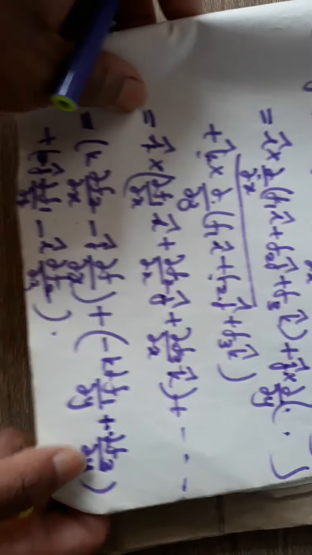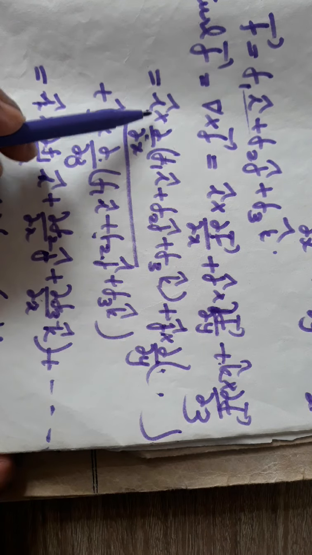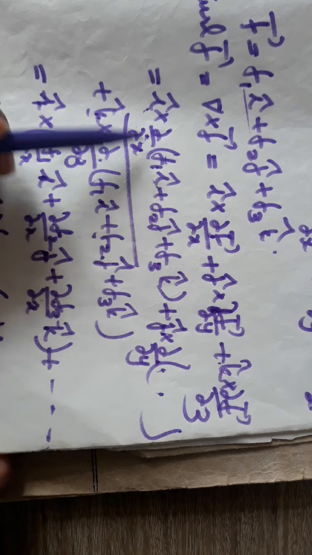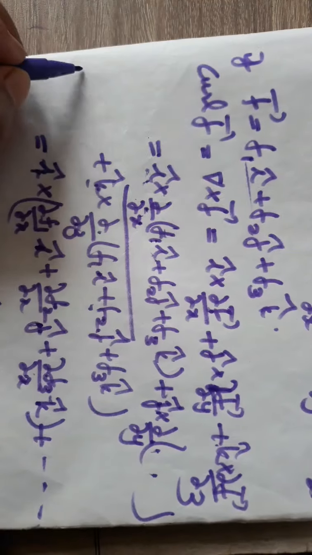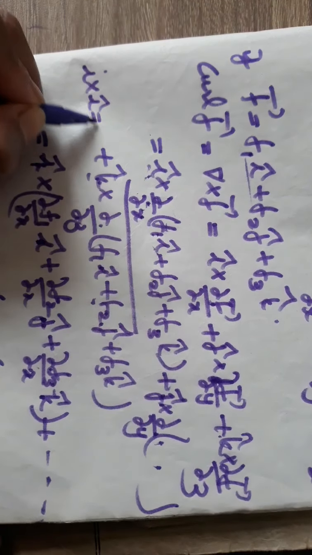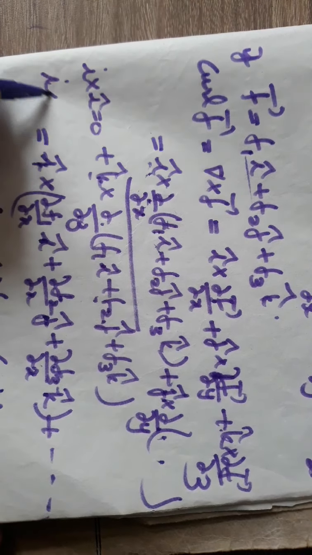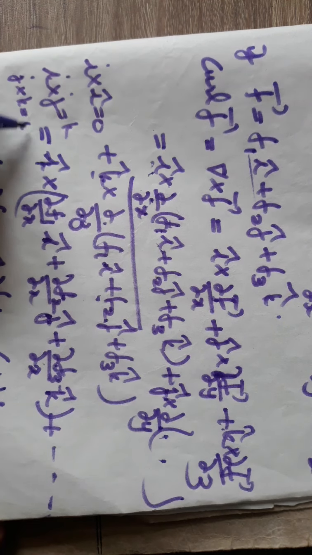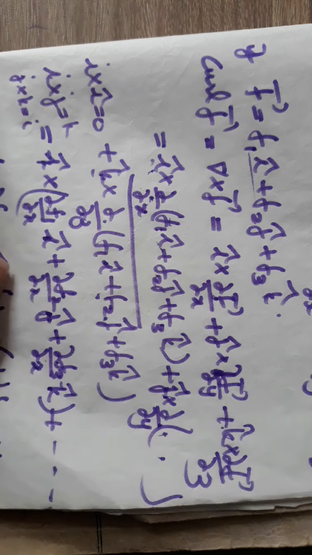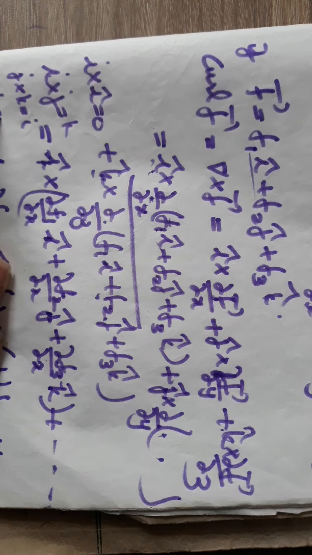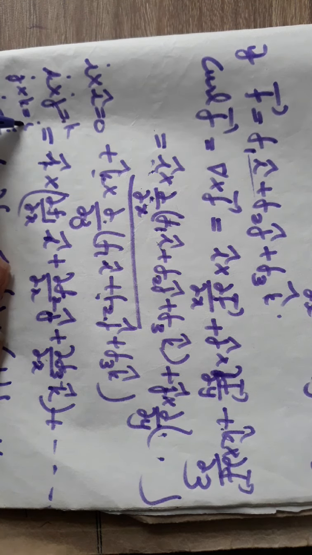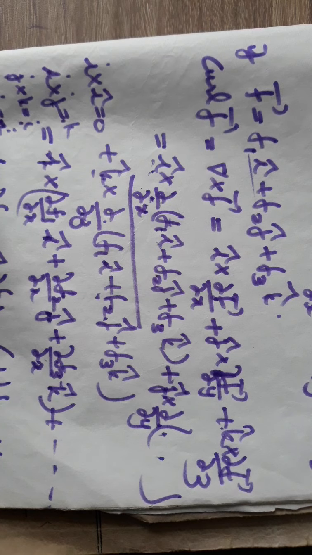So this is how the result follows: i cross i gives 0, j cross j also 0, i cross j gives k, j cross k gives i, k cross i gives j, j cross i gives minus k, k cross j gives minus i, and i cross k gives minus j.